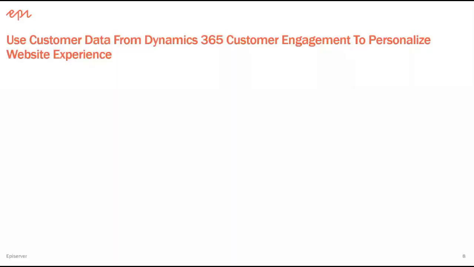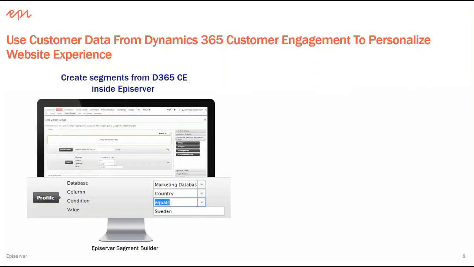The first key thing is the customer data and segmentation that you've done in AX or F&O or CRM. It doesn't really matter to us. We have integrations to all of them. It can now be used to segment and target experiences to customers on your website.